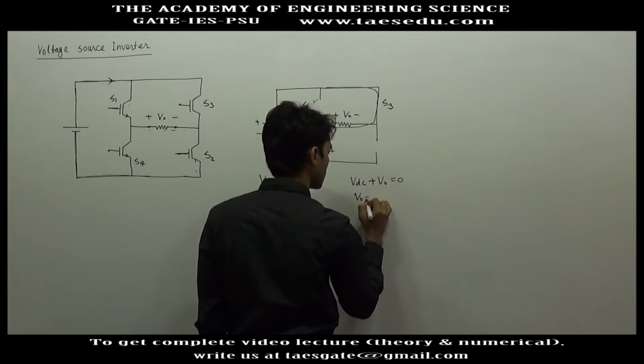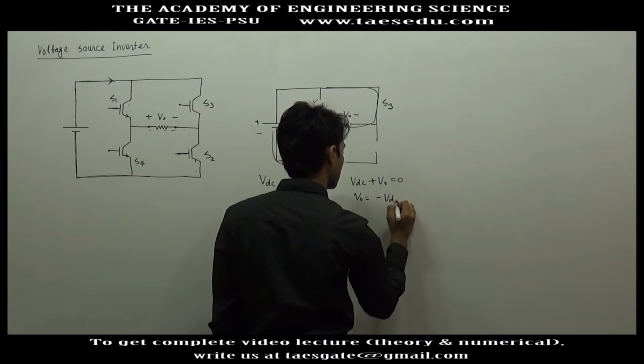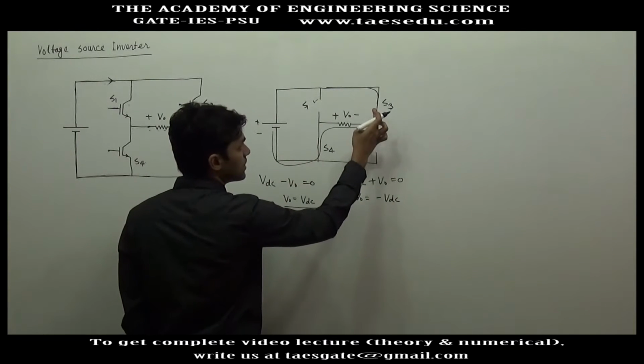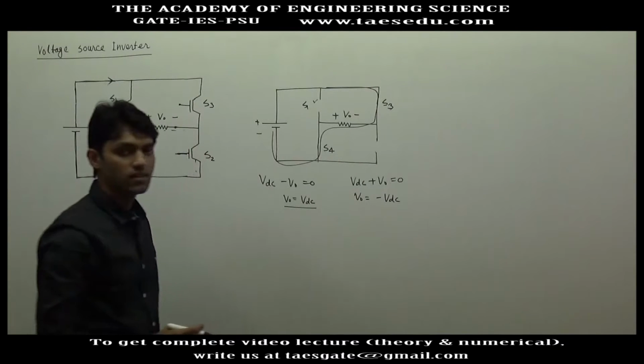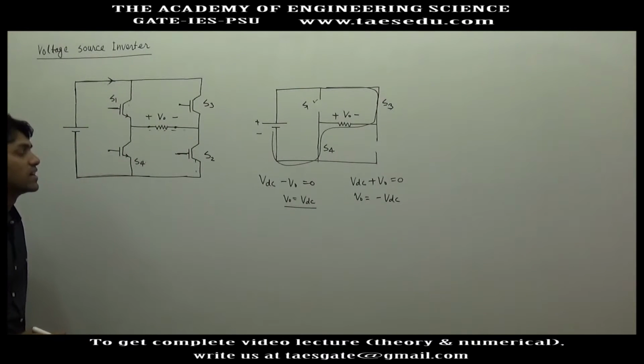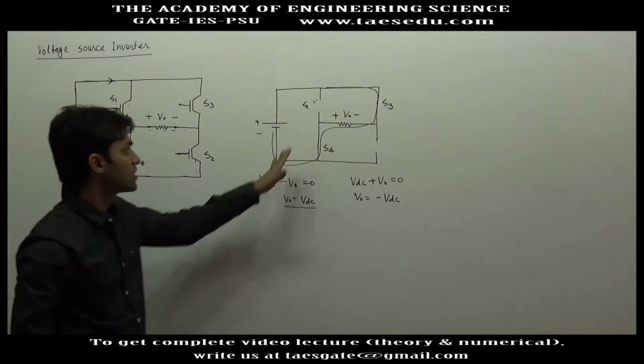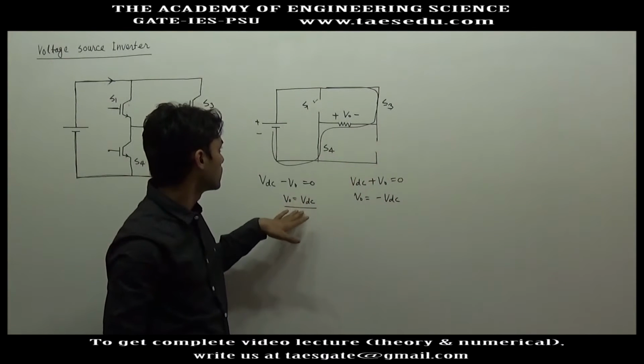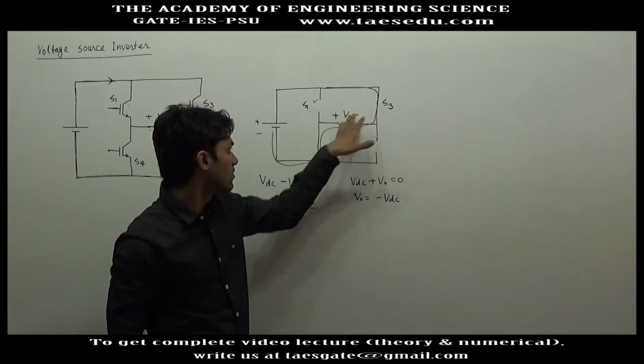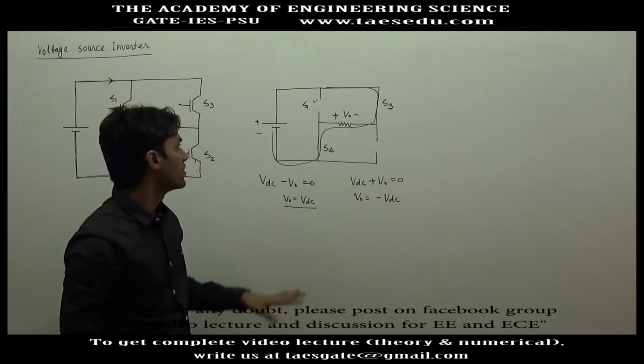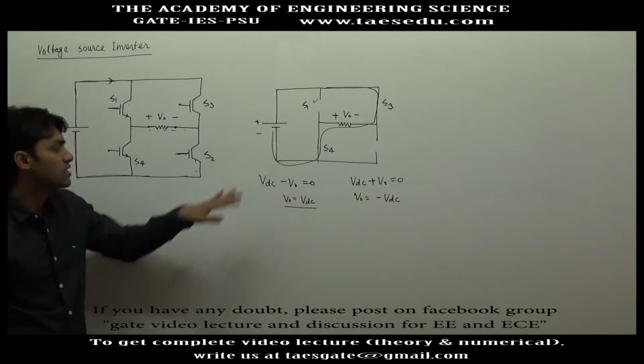In this case you will get V0 equal to minus VDC. So the leg S3 S4 I will name as negative leg. So if positive leg is conducting, you will get positive voltage. Corresponding to negative leg, the voltage will be negative of this DC voltage source.